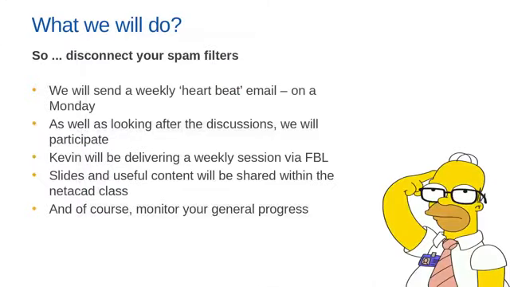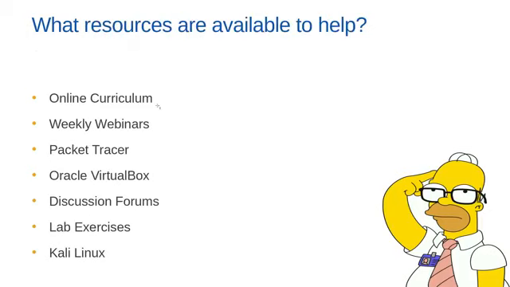Okay, nearing the end of the presentation now. What resources are available? Key primary resource is the online curriculum. We'll do the weekly webinars. They'll be every Monday at 8 o'clock.